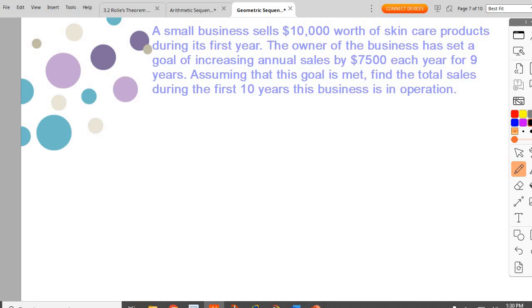So again, what are we doing this time? Adding. How much? 7,500. Which tells us we have what type of sequence? Arithmetic. Now this time, what are we looking for? How much it'll be after 10 years.